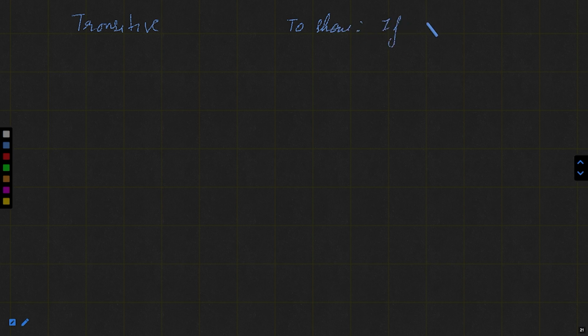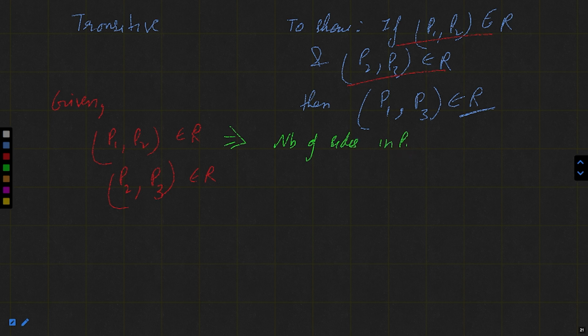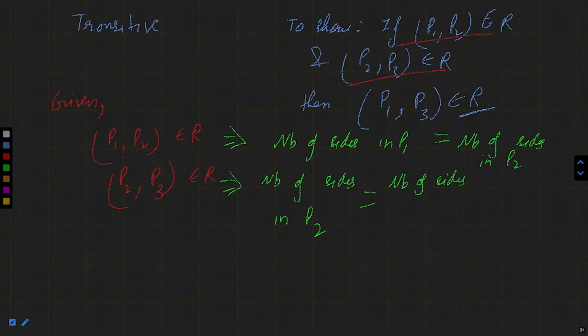If (P1, P2) belongs to the relation R and (P2, P3) belongs to the relation R, then the main thing to show is that the pair (P1, P3) must also be in R. The given information is: (P1, P2) belongs to R, and another, (P2, P3) belongs to R. From this, the number of sides in P1 is the same as the number of sides in P2, and the number of sides in P2 is the same as the number of sides in P3.